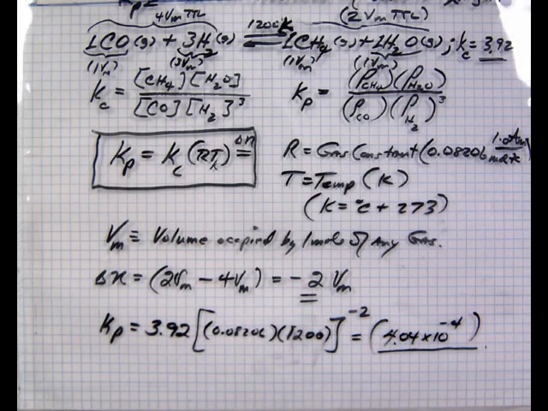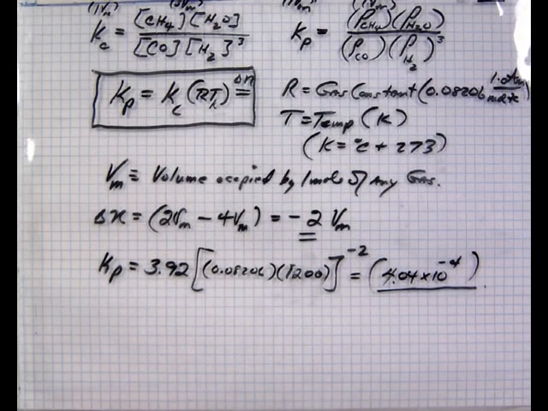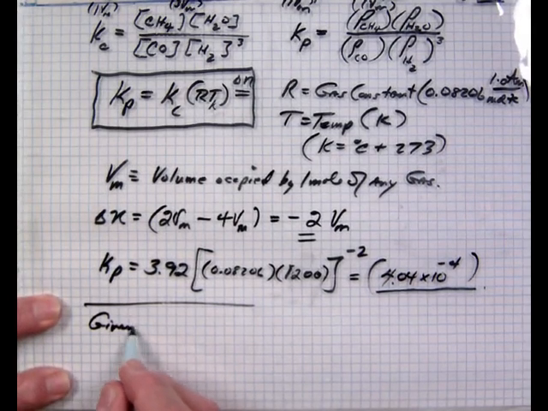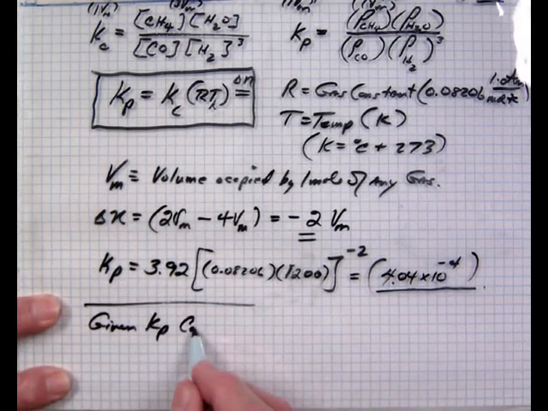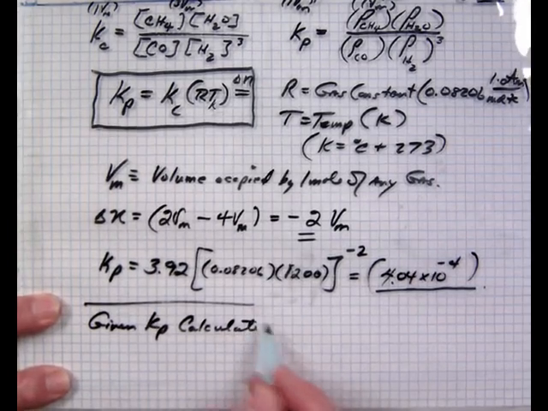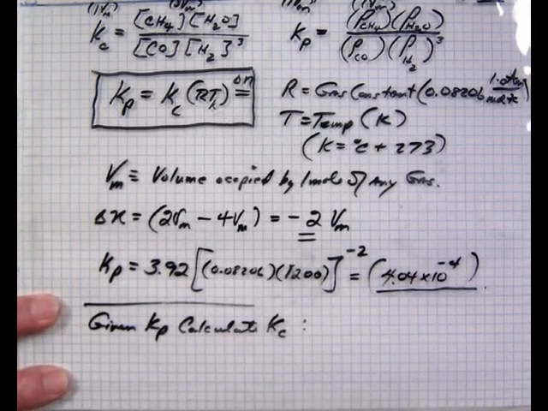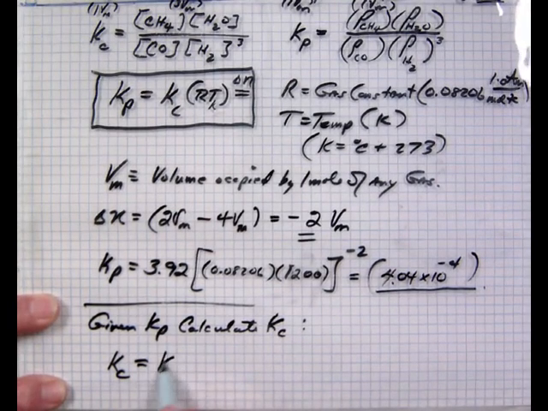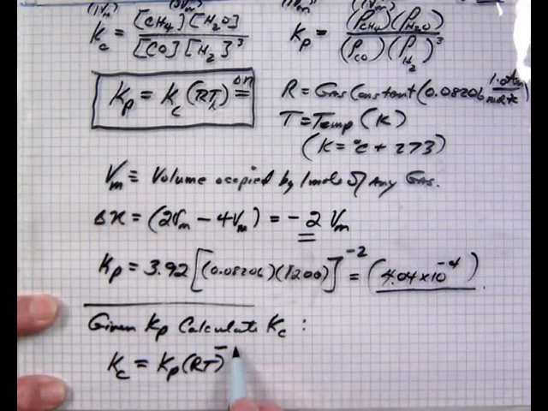Now I can throw you a curve real quick. I can give you a problem and the Kp value. Solve for Kc, it is identical to what you're looking at, Kp, RT, but change the exponent, delta n, to a negative.